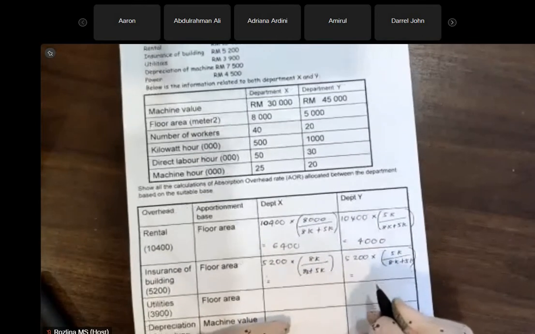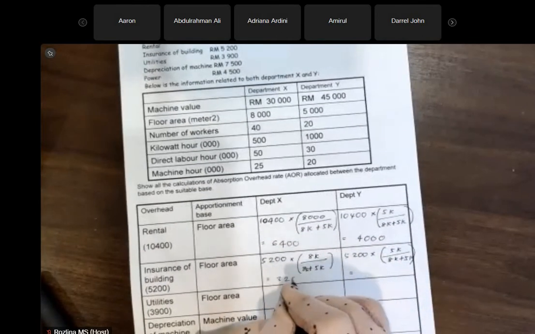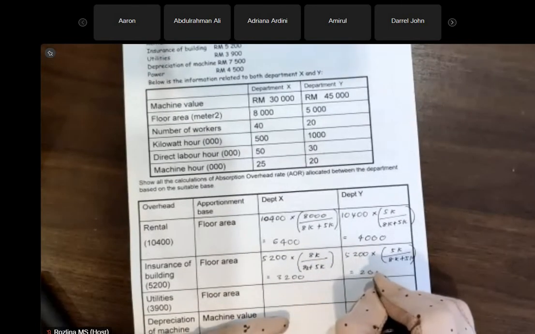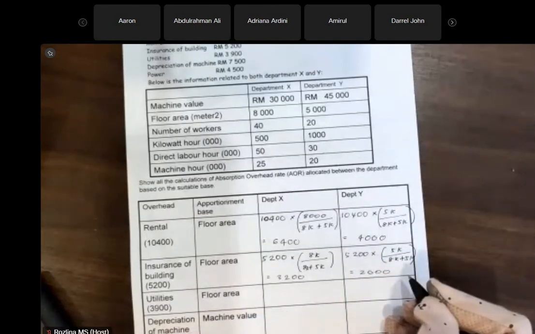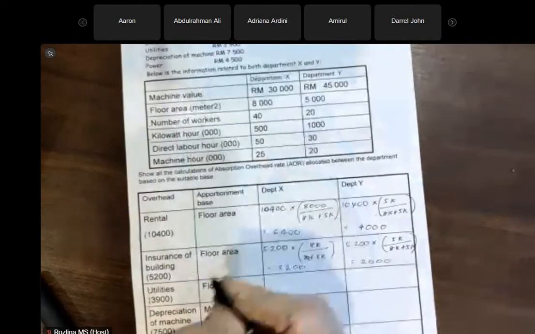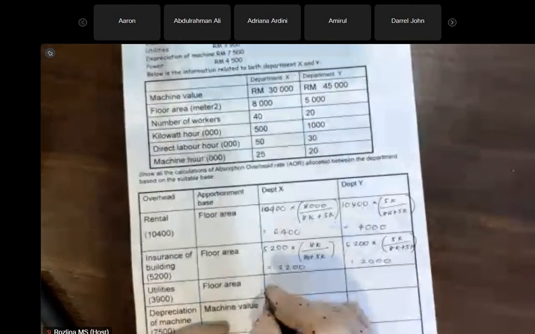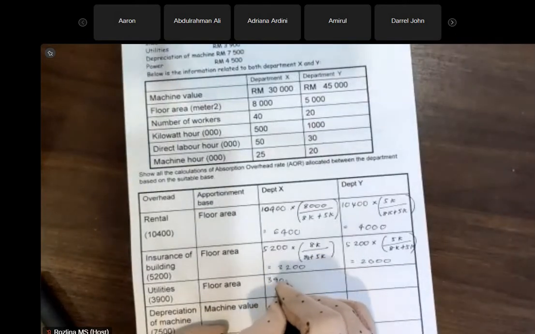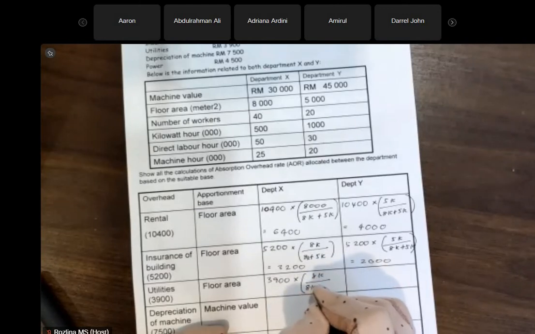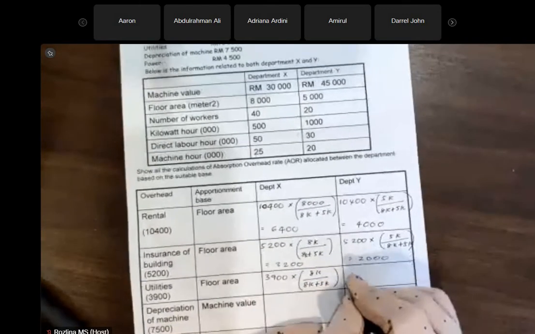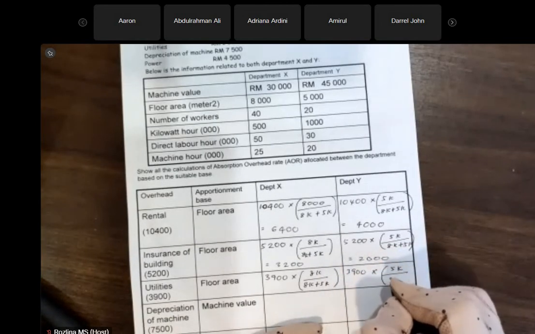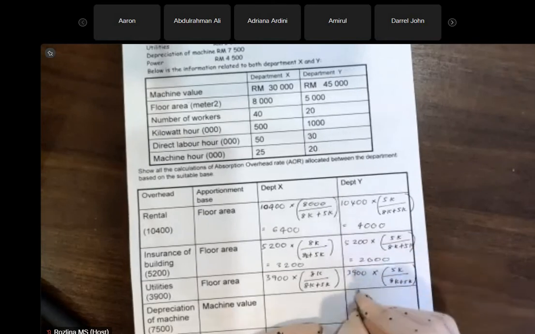So you get the answer. Okay, for the utilities, also floor area. So 3,900. I put this here, actually you have to refer above. Okay, with the respective portions, 3,900. So you get the answer.